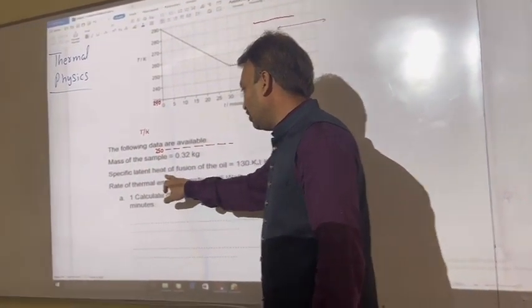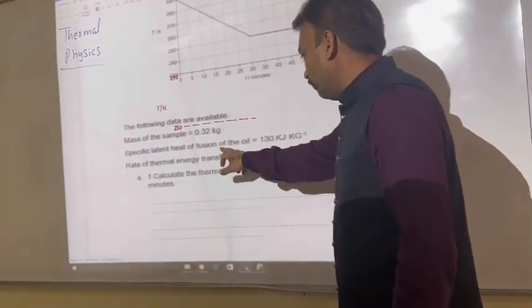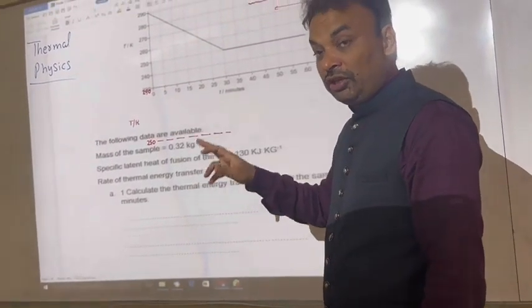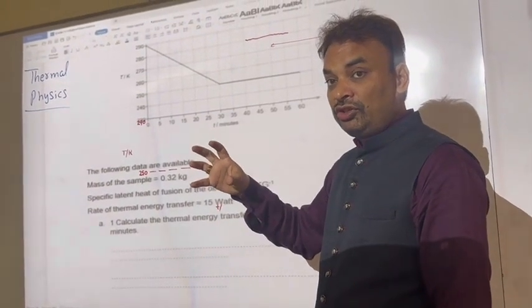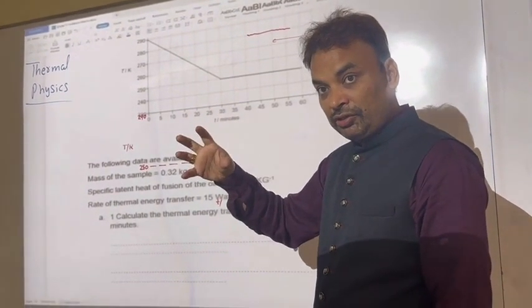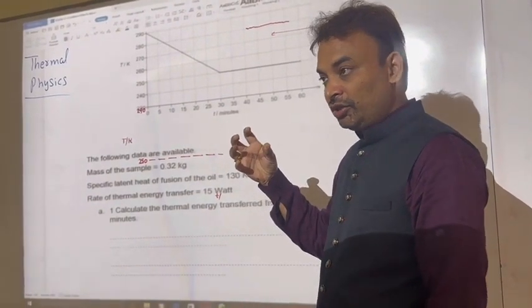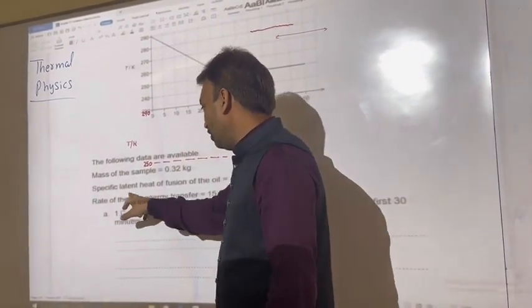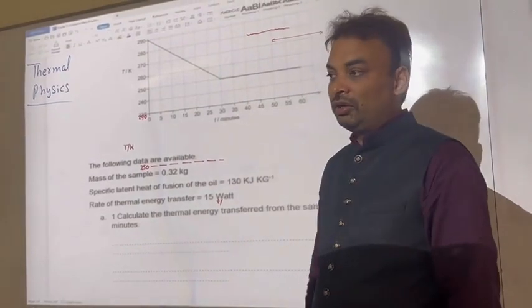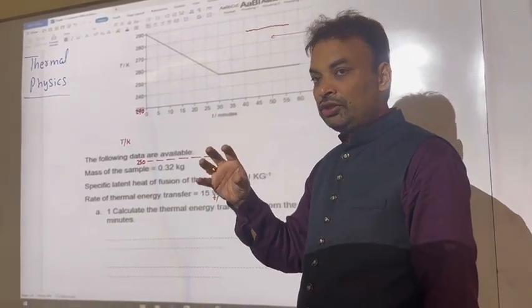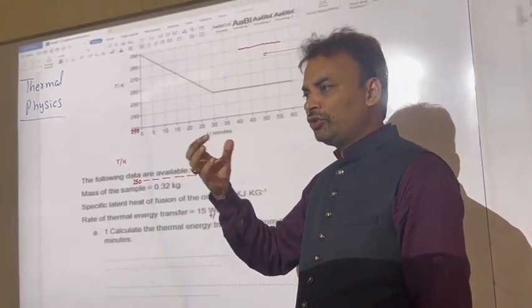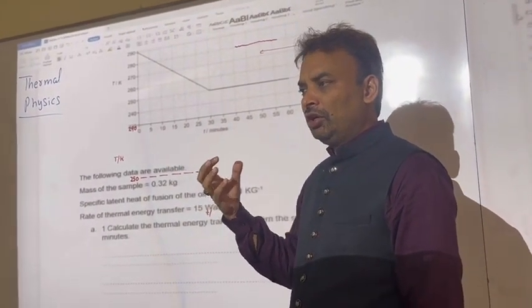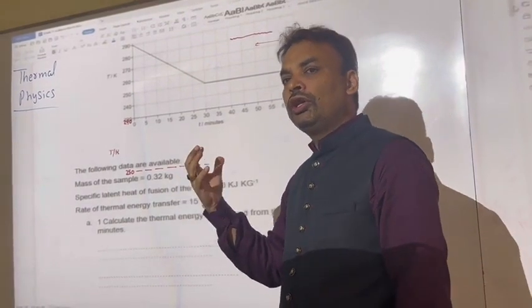Specific latent heat of fusion of the oil. Specific latent heat of fusion means the heat required to change a solid into a liquid. If the oil is just frozen, how much heat energy is required to just transform that frozen oil into the liquid phase?